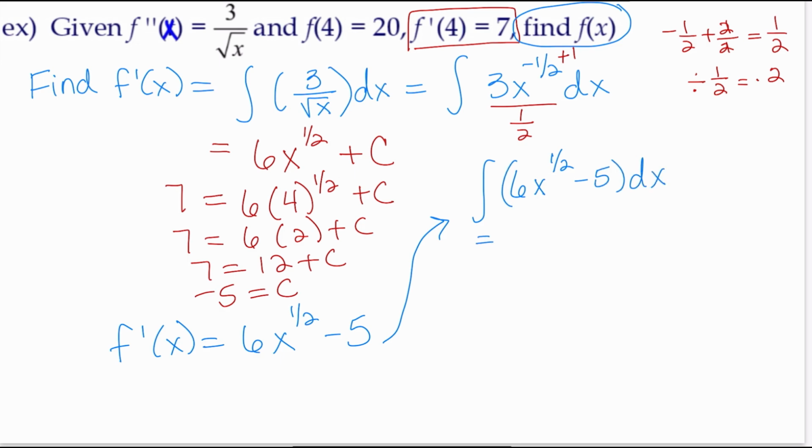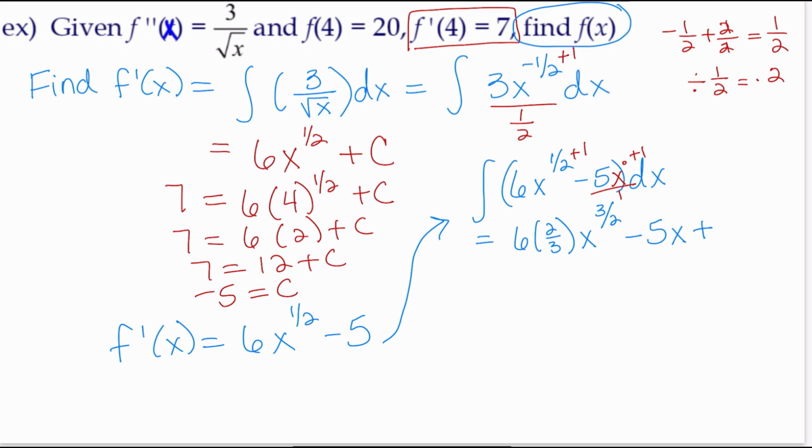So this is going to give me 6. If I add 1, then that becomes 3/2. 3/2, if I divide by 3/2, is the same as multiplying by 2/3. So I get basically 6 times 2/3 x to the 3/2 power minus 5x, because remember, a number by itself means x to the 0, so plus 1 divided by 1 is just minus 5x, and then of course plus c, which stands for the constant.